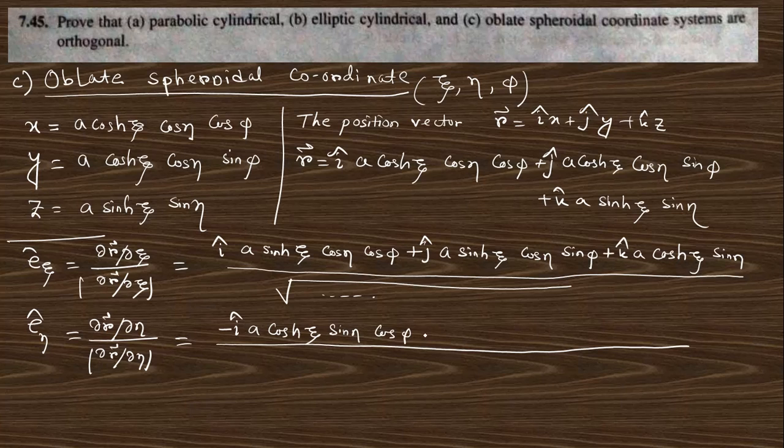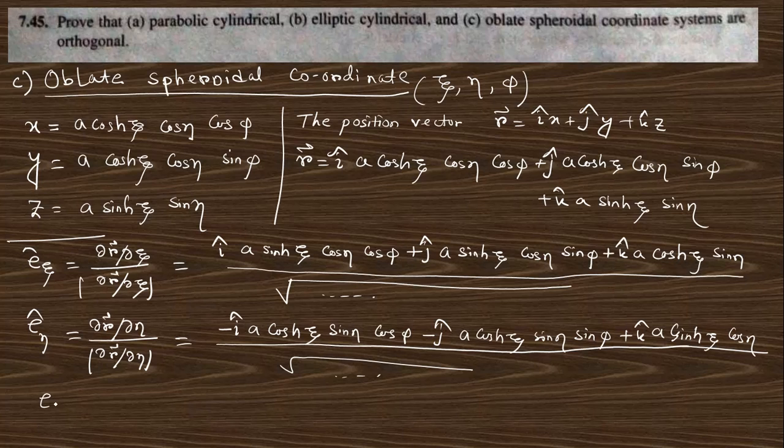This cos also gives you minus, so minus j cap a cosh zeta sin eta sin phi, and this sin eta gives you plus cos, so a sinh zeta cos eta, and root under this whole square plus this whole square plus this whole square.